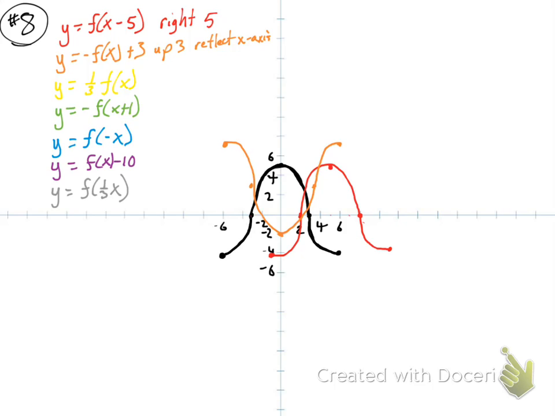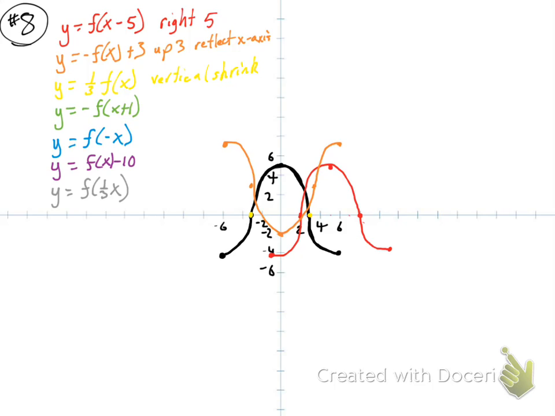Good? Now then, it starts to get more fun. Here with 1/3 f of x, that is going to be a vertical shrinking or a horizontal stretching. It's the same sort of idea, but we're going to think about it as a vertical shrink for this one, because each y value is going to be 1/3 of what it was. Now then, a few of the easy ones. The zeros aren't going to change, because 0 times 1/3 is still 0.